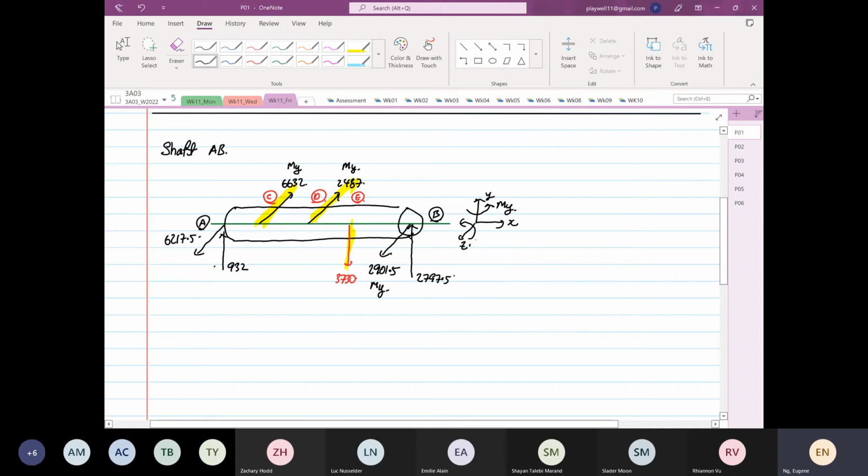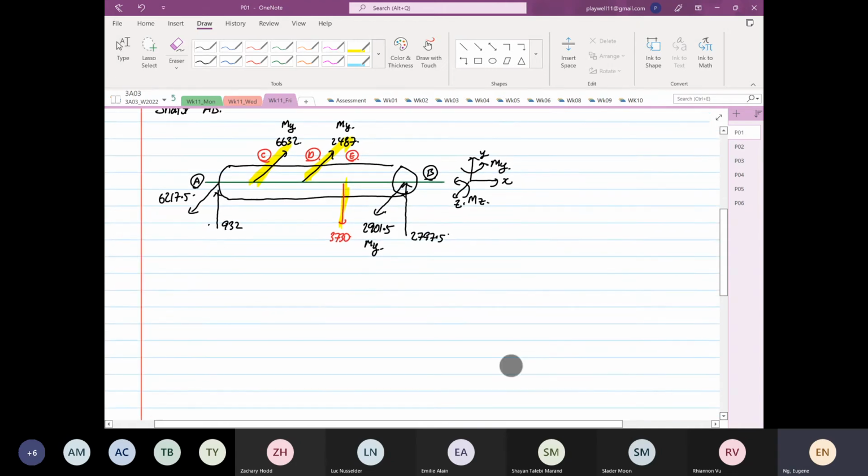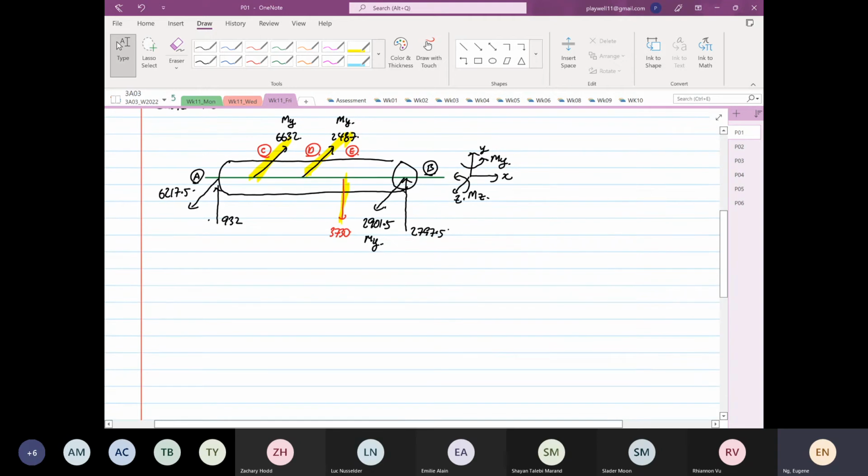Sorry, z-axis, not y. We have done y already, so it's moment about z. So now we are going to view the shaft in the xy plane, and this is our rotation in the z. We're going to view it in that way.